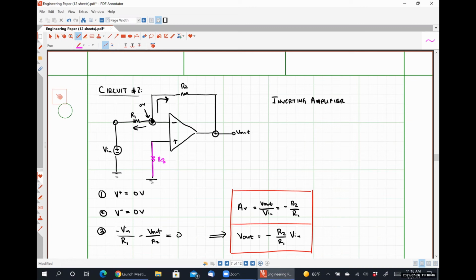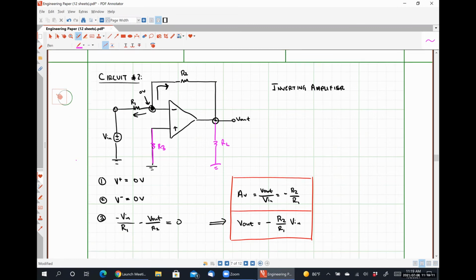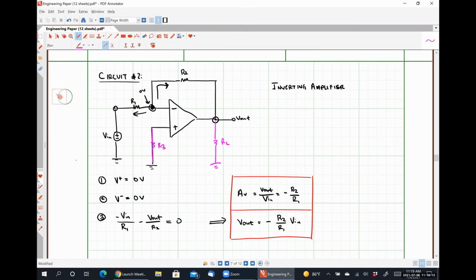If we have some resistor R3 between the non-inverting input terminal and ground, does that change anything? No, because you can't have a current flowing through that R3. Exactly right. And similarly, if we apply some load resistance RL, it also changes absolutely nothing because that load resistance doesn't show up in our equations at all.